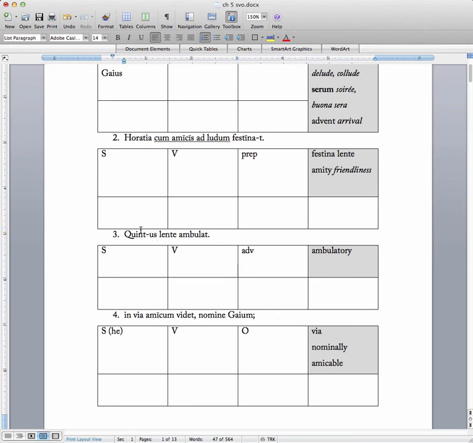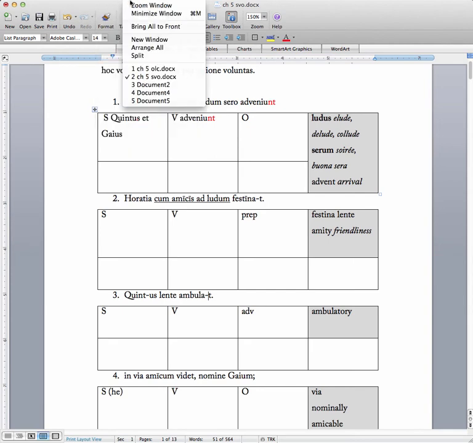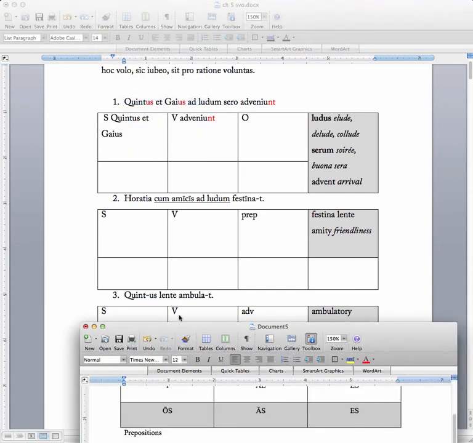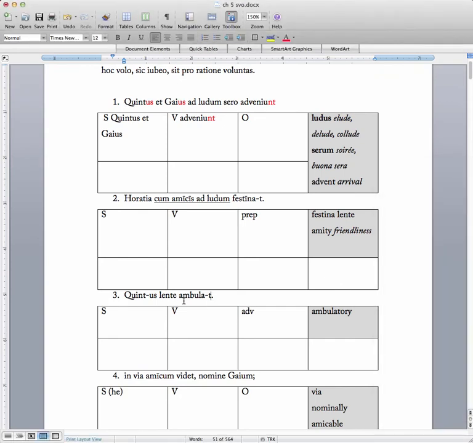The third one had this ending already, so you just check back to number 1 and check on the chart which I provided for you. You should be able to figure out number 3. E is not the only adverbial ending, but it is a typical one. So that will be the adverb here.